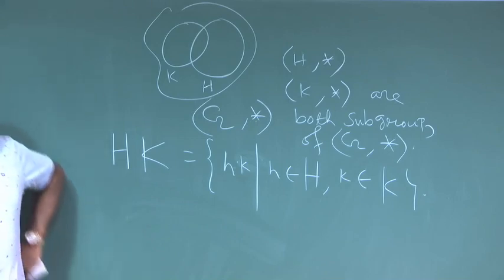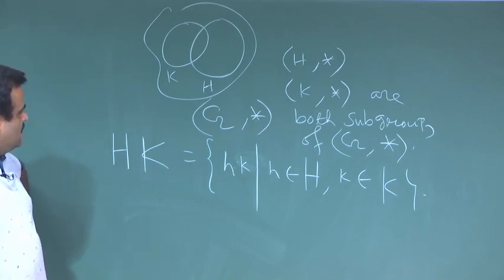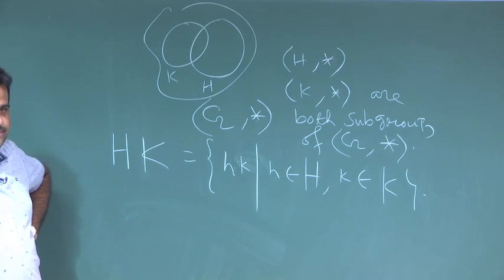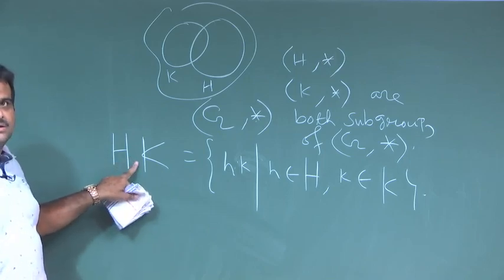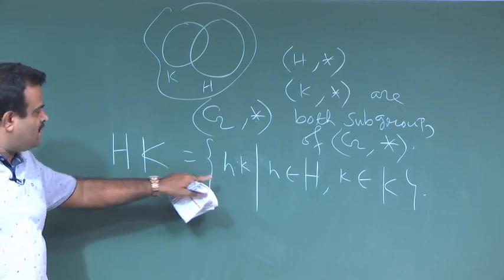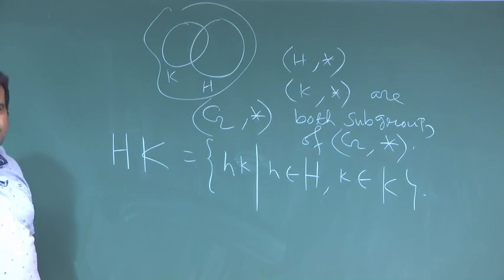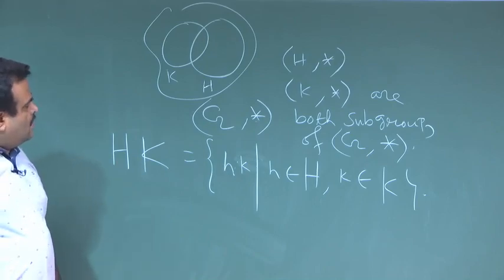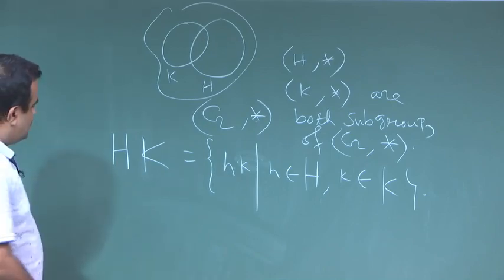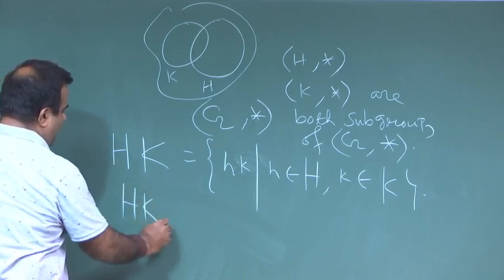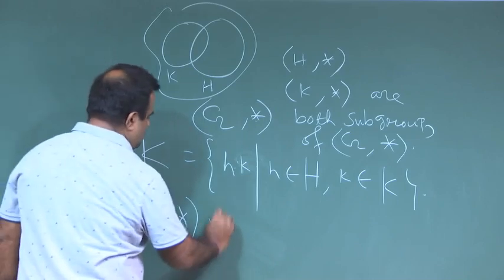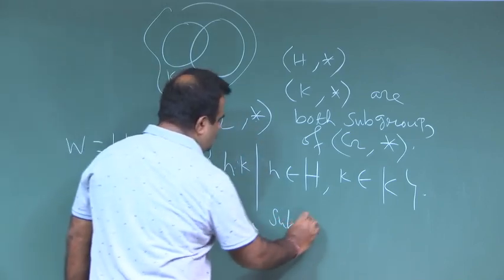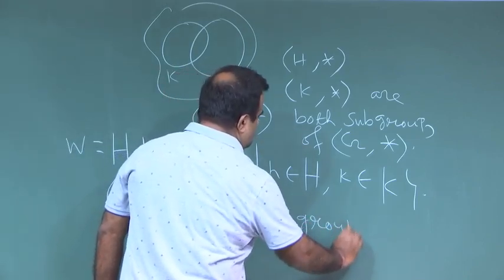Okay. Now, this is the way we define the product of two sets. This is not a Cartesian product. Cartesian product is the ordered pair, but this is an element in the group itself, in G. Now, the question is whether this set HK is a subgroup or not.